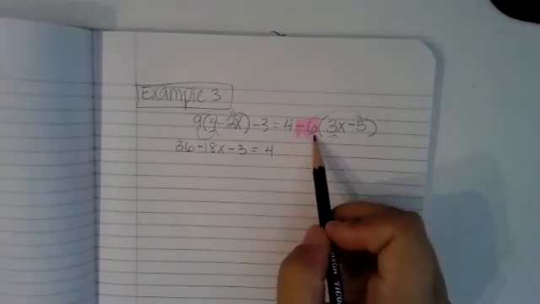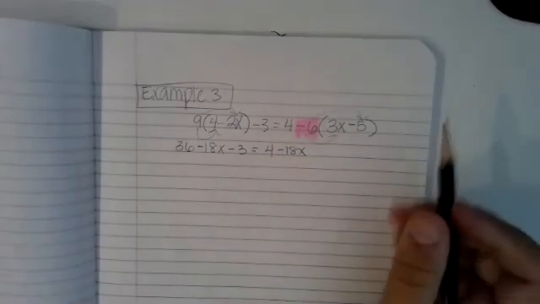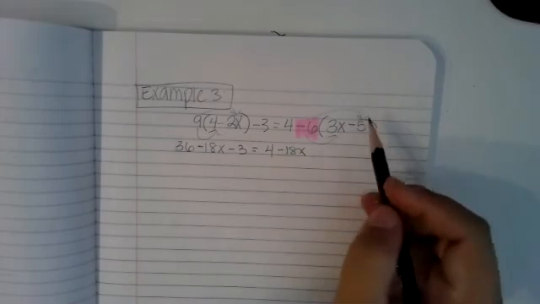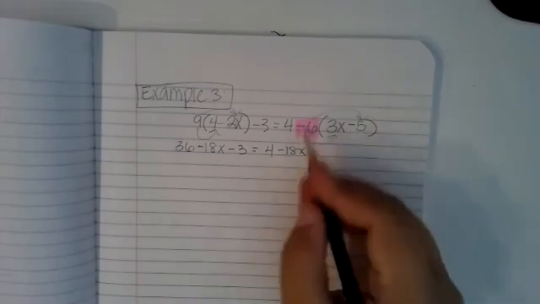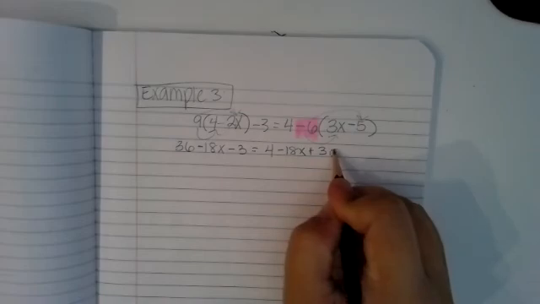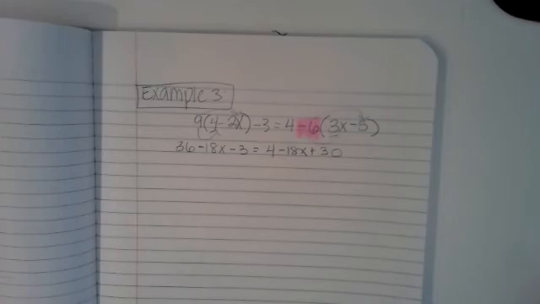And I have a negative 6 times 3x, which makes a negative 18x. And then over here, I have a negative 6 times negative 5, which makes a positive 30. Is anybody starting to notice anything? I see a lot of blank stares. That's okay. We're going to keep solving then.